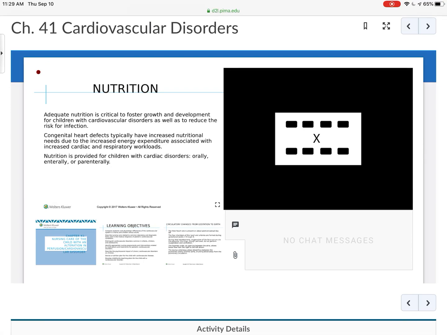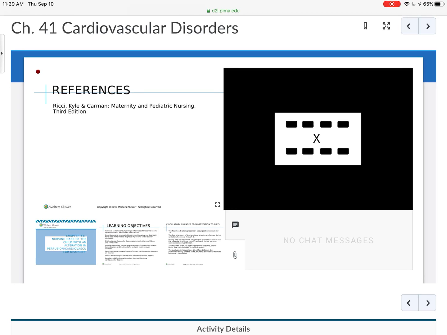So to get the calories, they would eat less volume because eating stresses your heart and increases your oxygen consumption. So decreasing that helps. And then we talked a little about in skills about G-tubes, Mickey buttons. So however we can increase their nutrition, we would work on that. Okay.